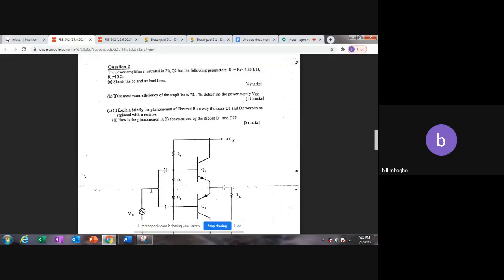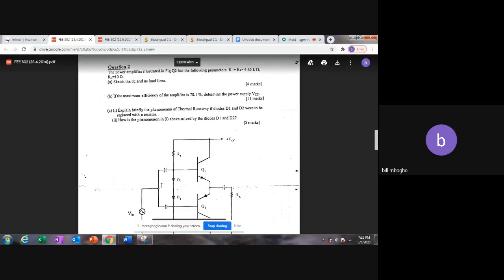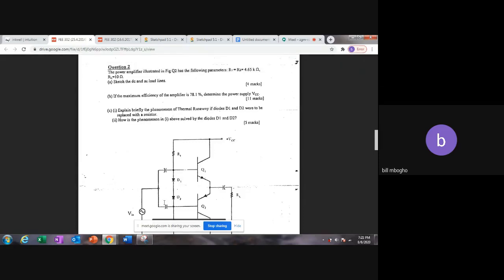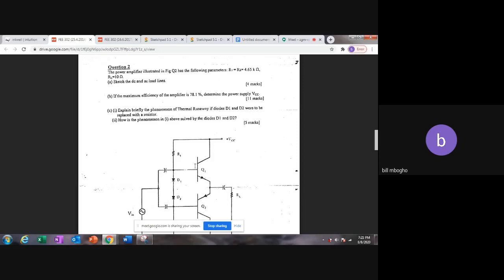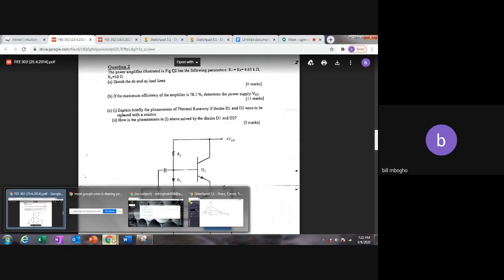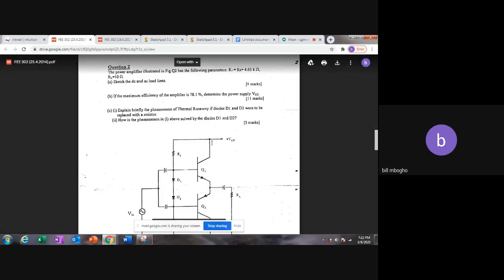Okay, so let's think like that. In the class A amplifier, this transistor actually does make the current that is flowing fluctuate. What I'm trying to say is that it's not that in class A the current is always constant, because you know that it's an AC current being amplified.